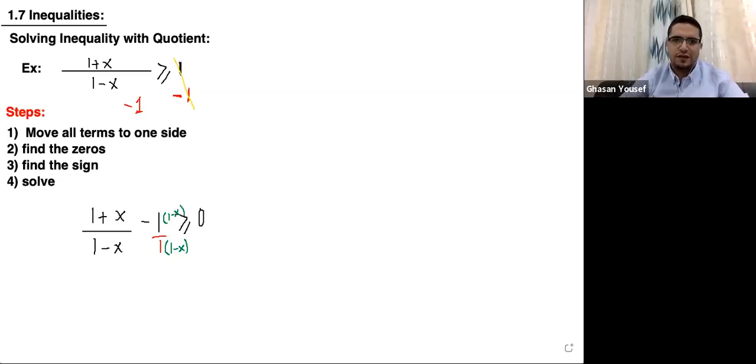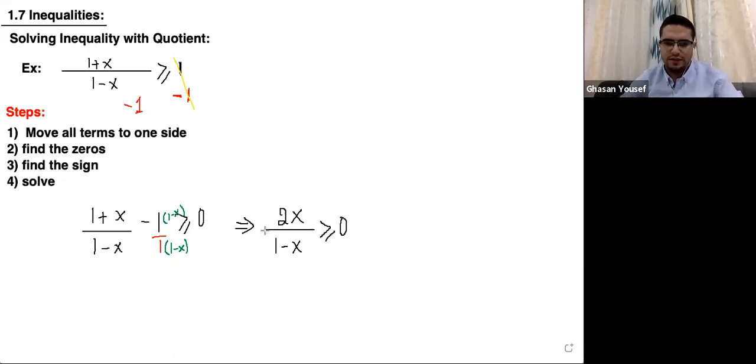Then I simplify it until I arrive at 2x over 1 minus x is greater than or equal to 0. This is where I arrived last time, I think.